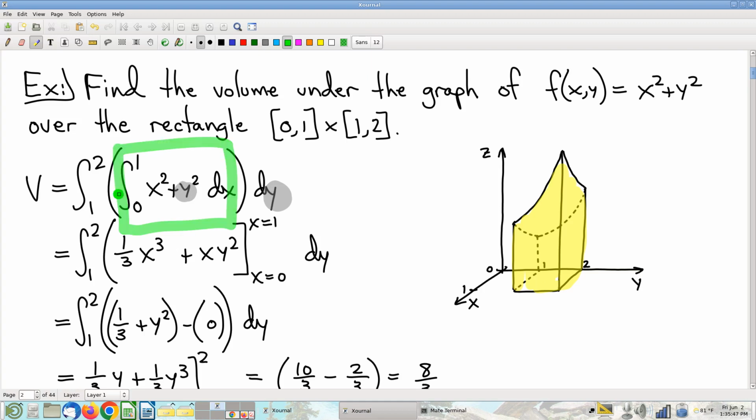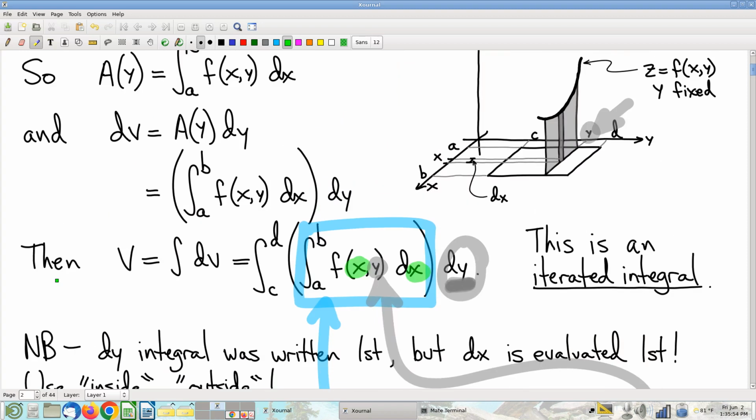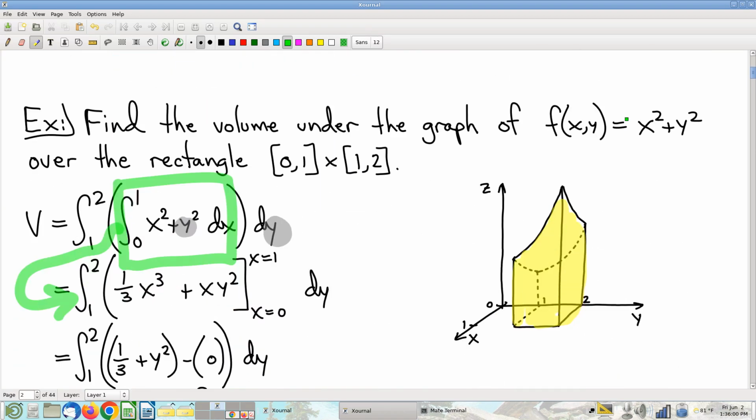So as I work out this inside integral, I have to treat y like a constant, because it is literally a constant for the purpose of what I'm doing here. So this is not variable squared, that is constant squared, aka this is itself just another constant. And the antiderivative of a constant is that constant times the variable, in this case, x.